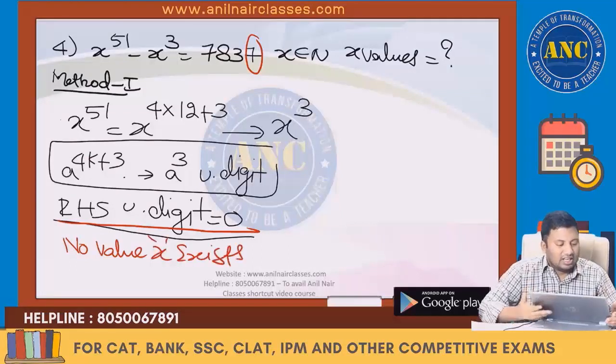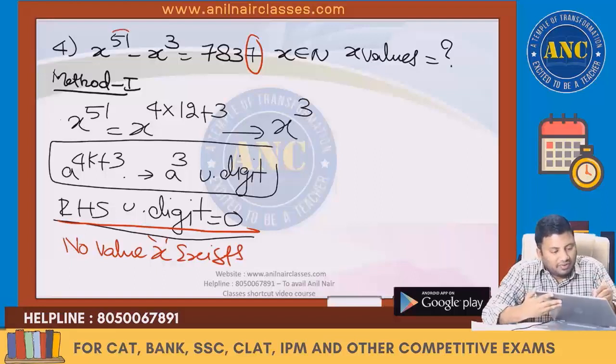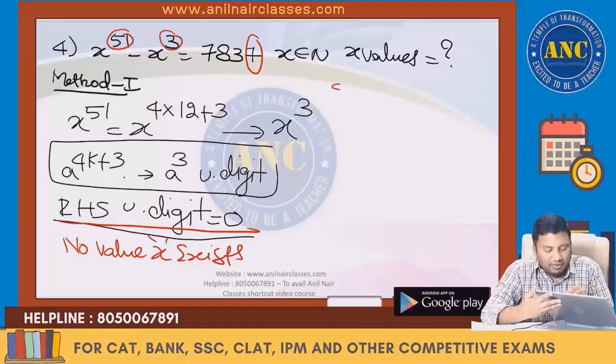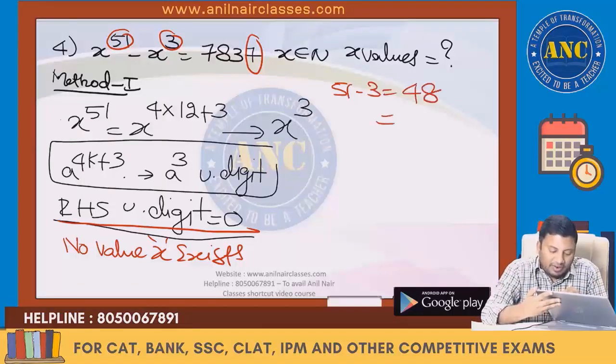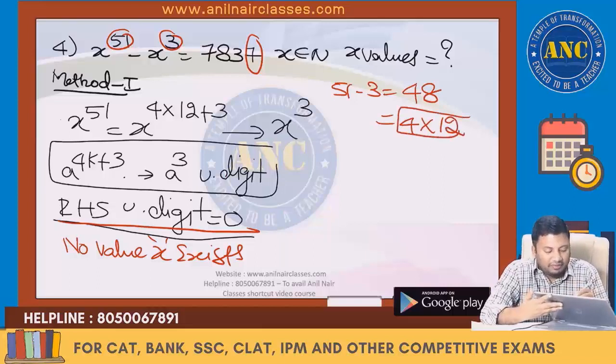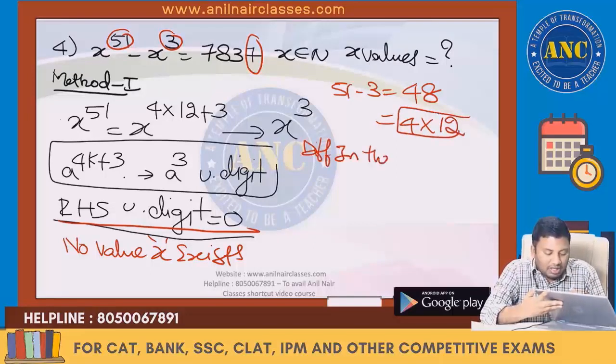What is the ideal question here? 51 and 3. 51 minus 3 is 48, which is a multiple of 4.